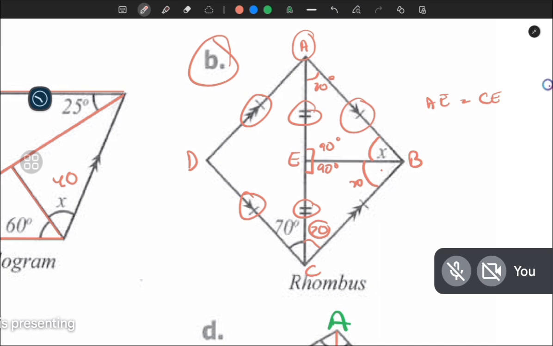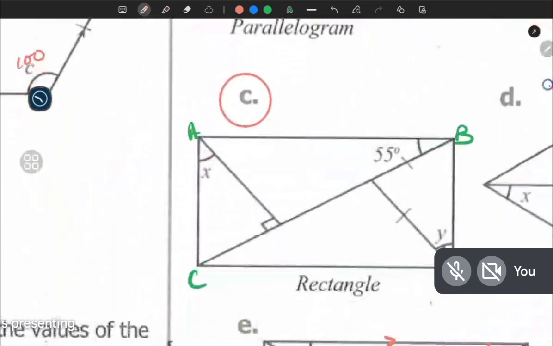Okay. So can this angle also be 20? Yeah. So x is 20.